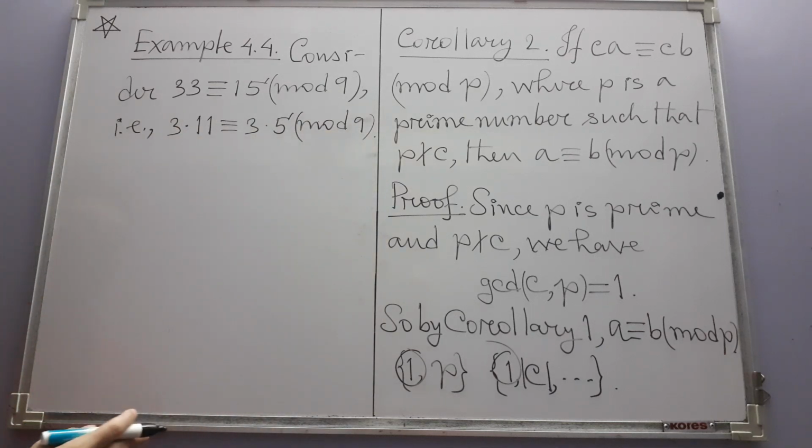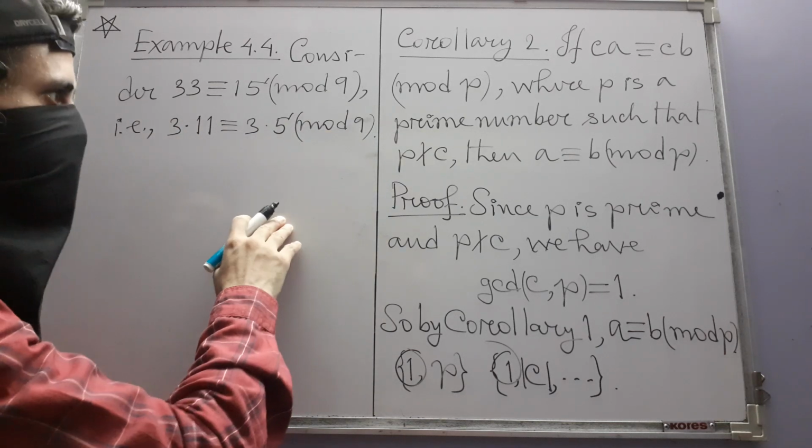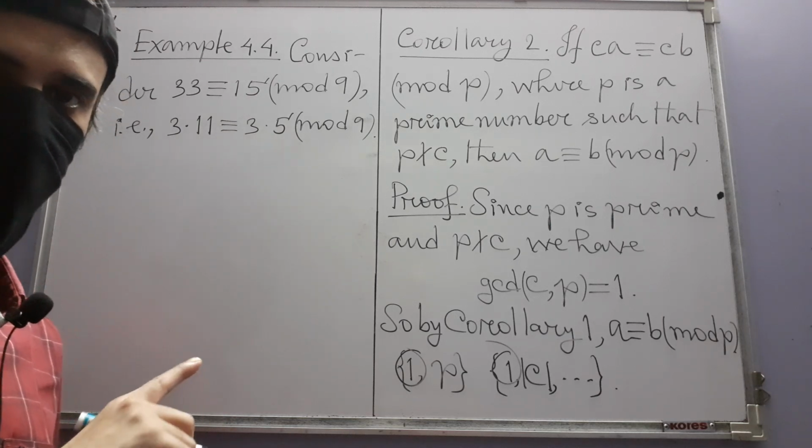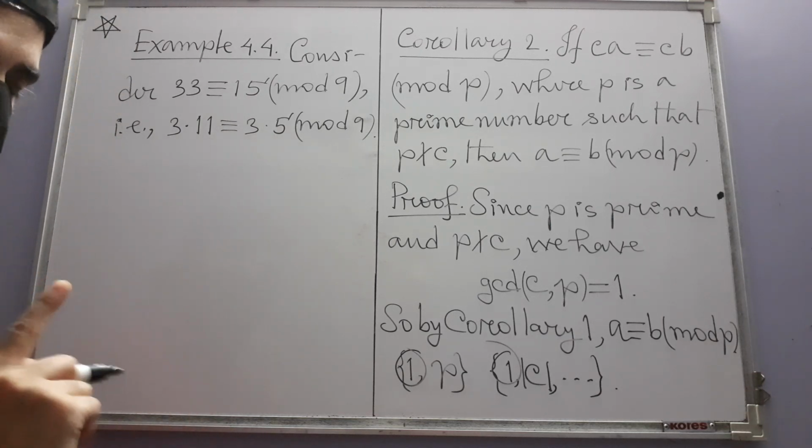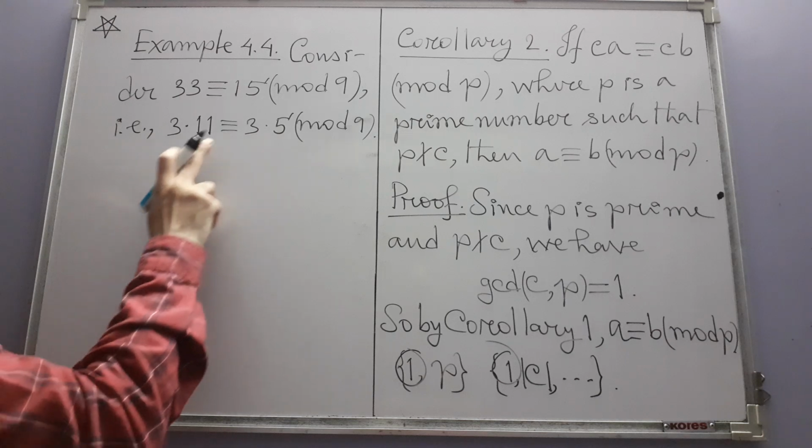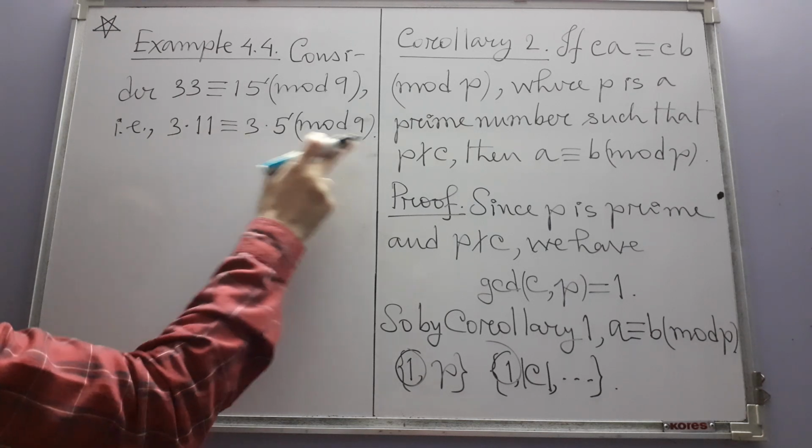Alright, so now here we are going to apply our original theorem, the one with which we started our discussion today. So you have to take the GCD of 3 and 9.